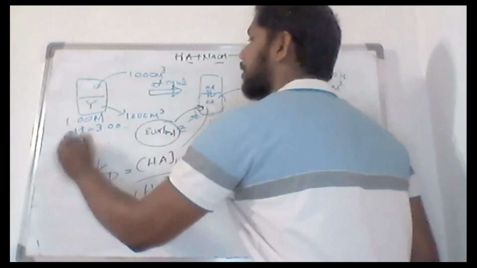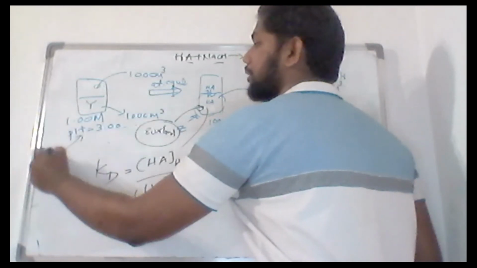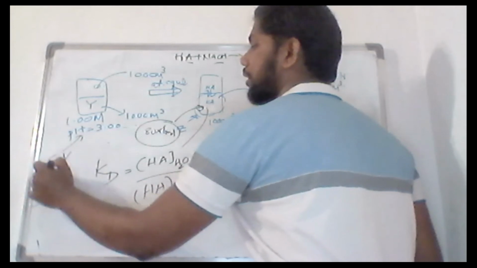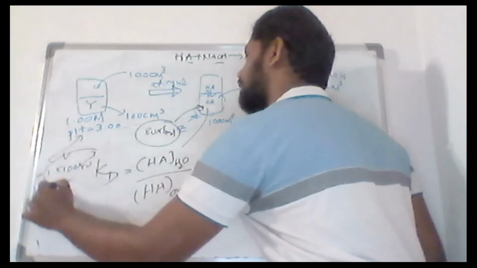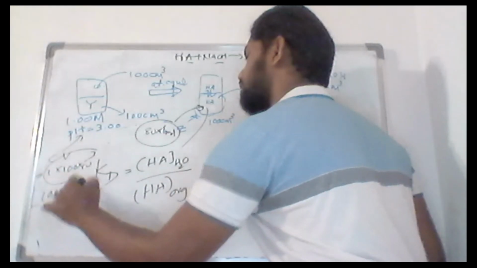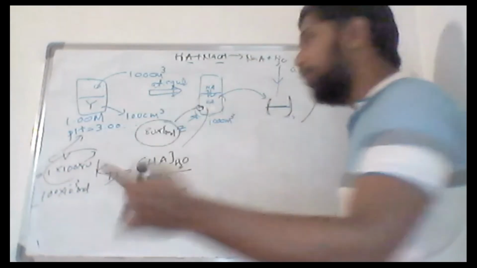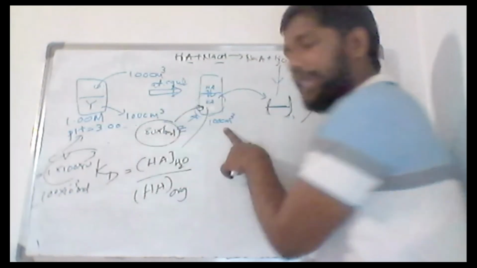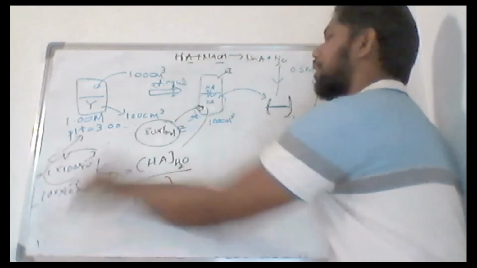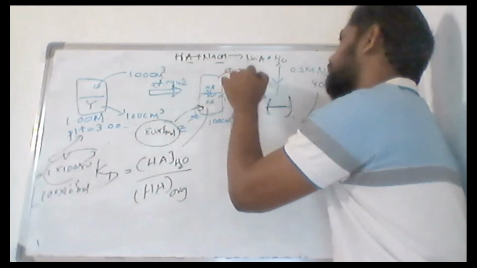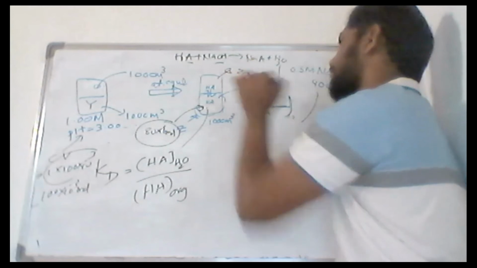The initial amount will be CV, so it will be 1 into 100 into 10 to the power minus 3. So the initial number of moles is 100 into 10 to the power minus 3. After equilibrium, there is 80 here in the aqueous phase. So how much went here? 100 minus 80 is 20 into 10 to the power minus 3 moles.